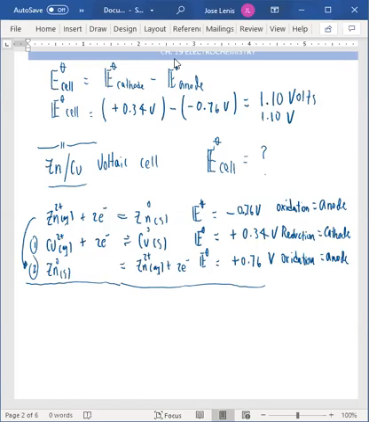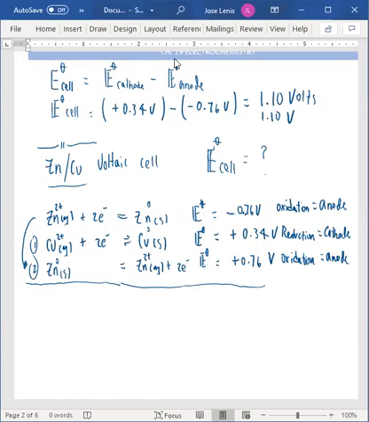Again, we reverse that because when we compare these two numbers, we realize that zinc, by having the lower, most negative potential, will undergo oxidation. So let's add these two equations.